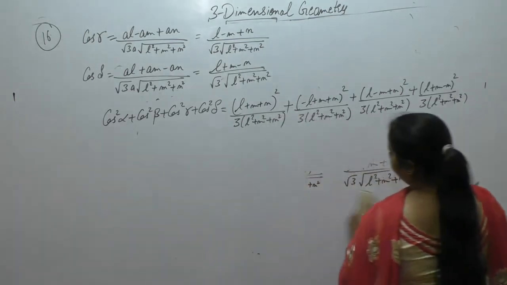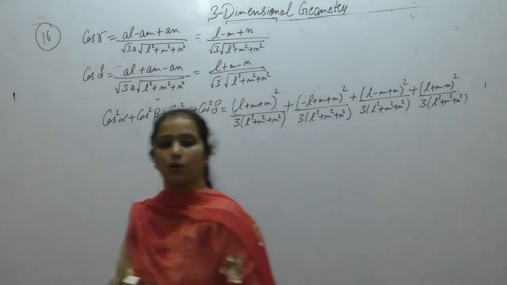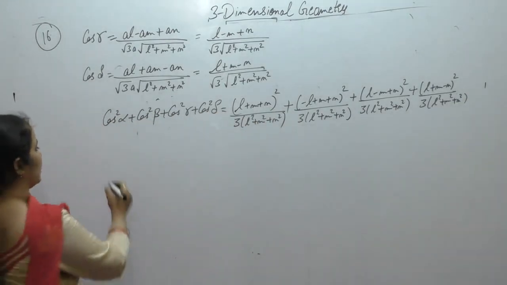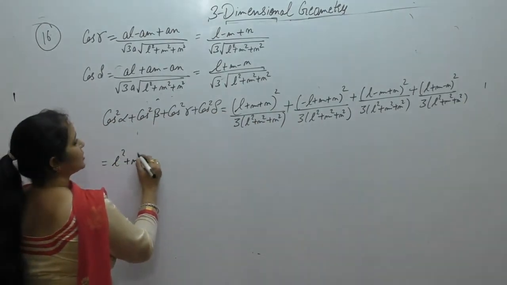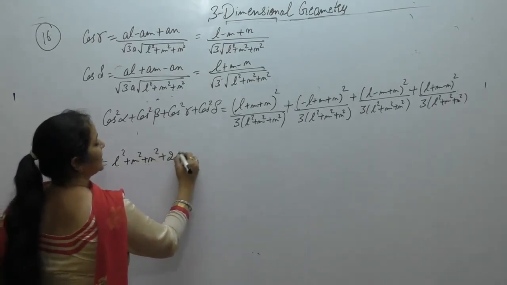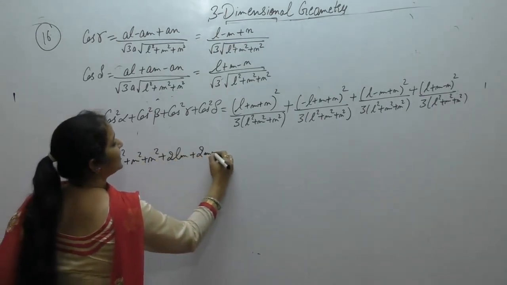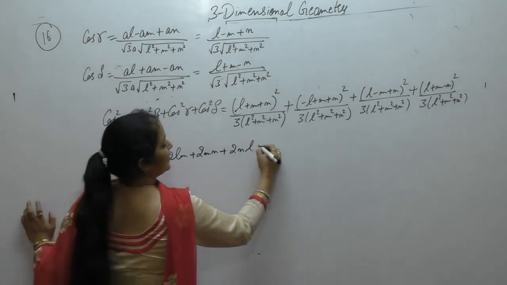What is the formula for a plus b plus c whole square? That is a square plus b square plus c square plus 2ab plus 2bc plus 2ca.